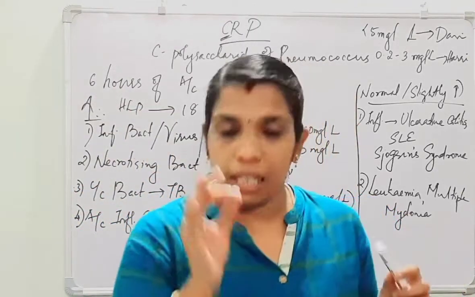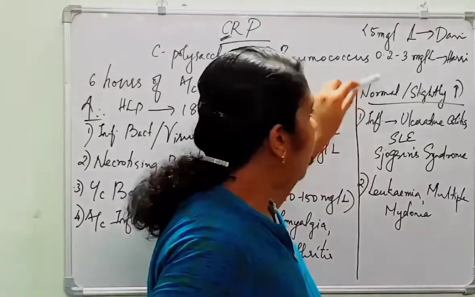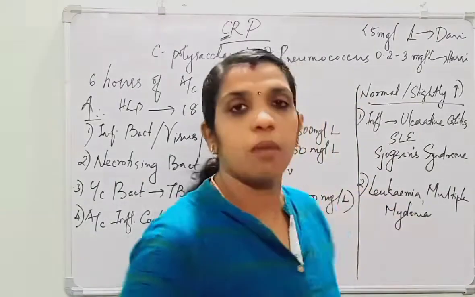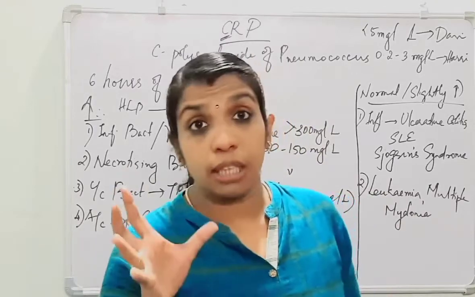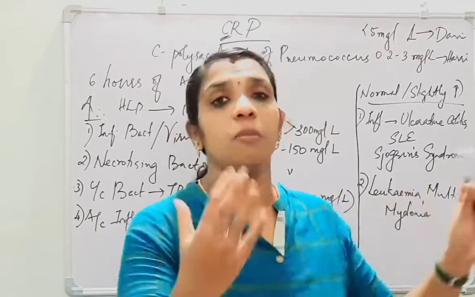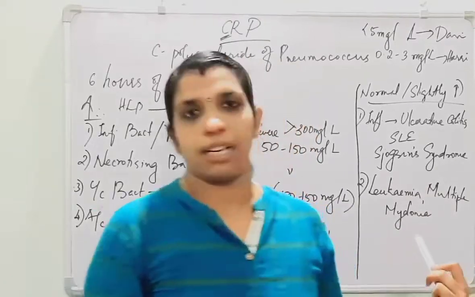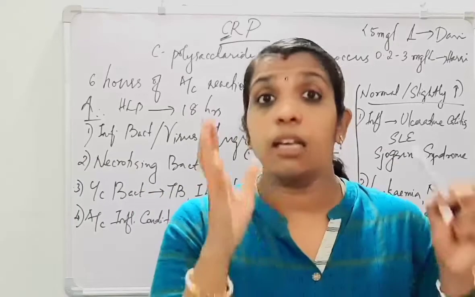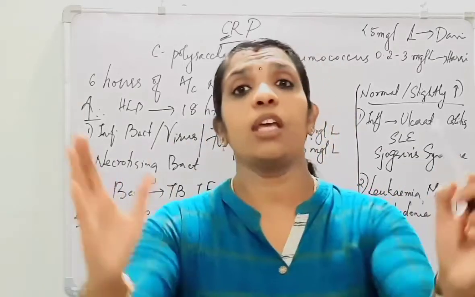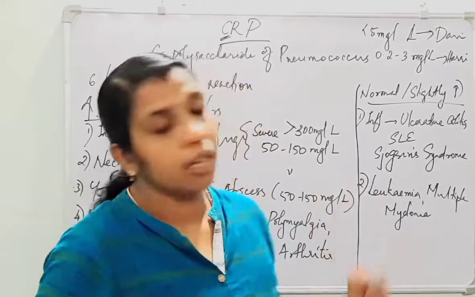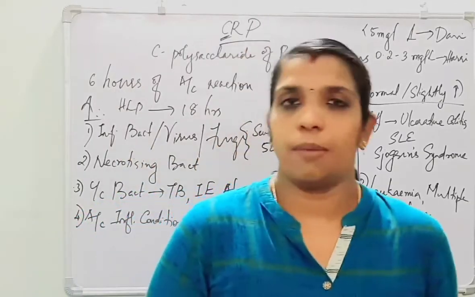And if it is slightly increased in inflammatory conditions or conditions such as leukemia or multiple myeloma, you should think there is some acute inflammatory process going on in the midst of these conditions. You understand? It is not specific for these conditions, but you should think that there is some acute inflammatory process going on inside our body in the midst of these inflammatory and systemic conditions.